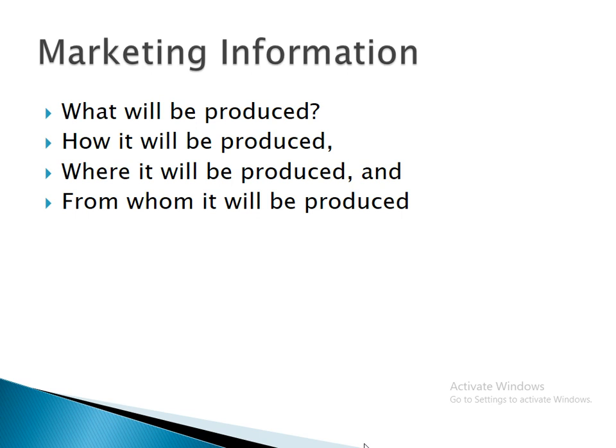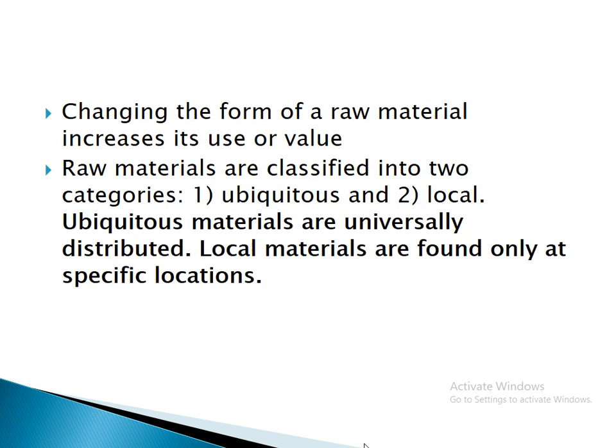You can use that juice throughout the year, and that will not happen with the raw mango. So changing the form of the raw material increases use and value. For example, the flour milled from the wheat is more valuable than the raw grain. Again, the increase in labor power is termed as value added manufacturing.